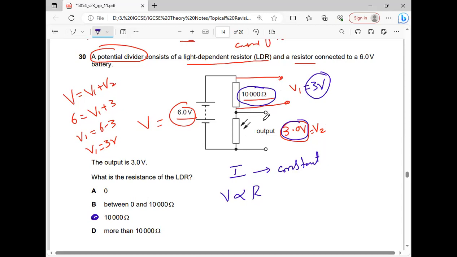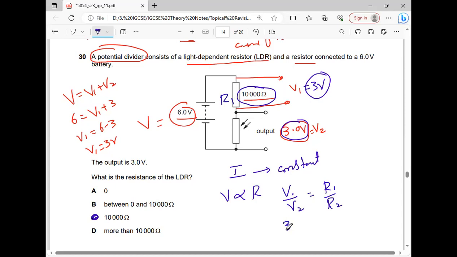Another method to solve this one: since these two have equal voltage, we use the formula V1 over V2 is equal to R1 over R2. Let's suppose this is R1.